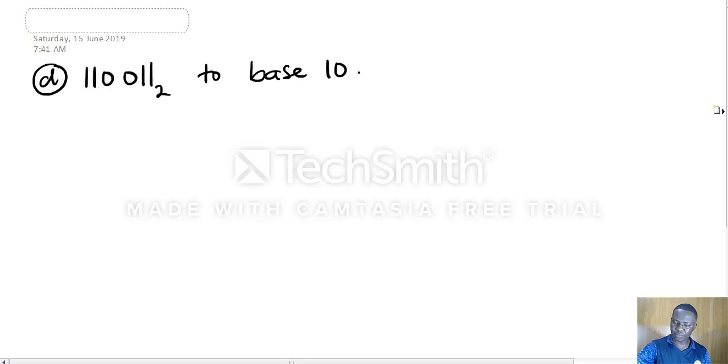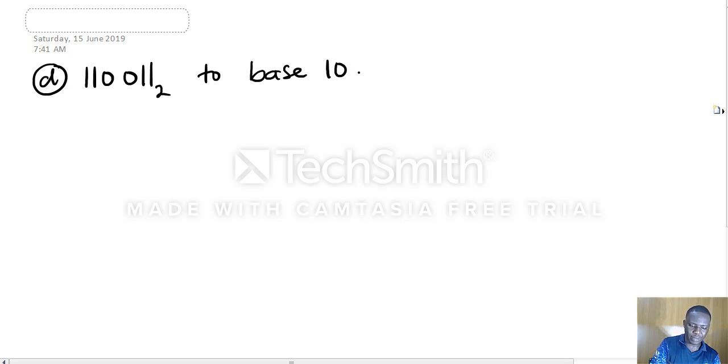Let's look at another example, which says we should convert 110011 base 2 to base 10. We also do the same by writing this in the expanded method. Now, how do you know which is being multiplied by what power of 2?